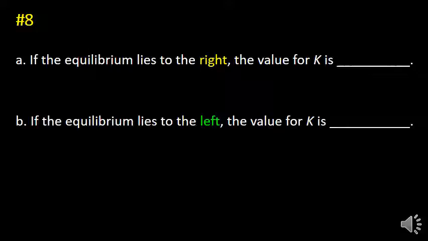So if equilibrium lies to the right, the value for K is large. And if it lies to the left, the value for K is smaller or much less than 1. Either one is fine.